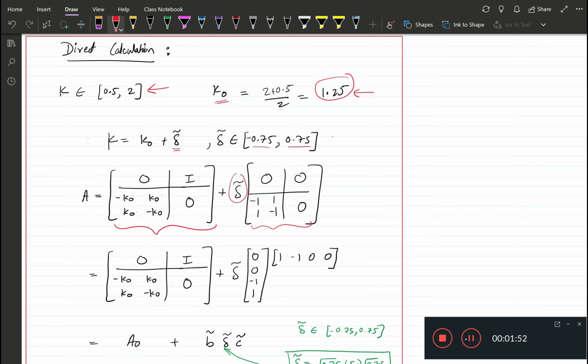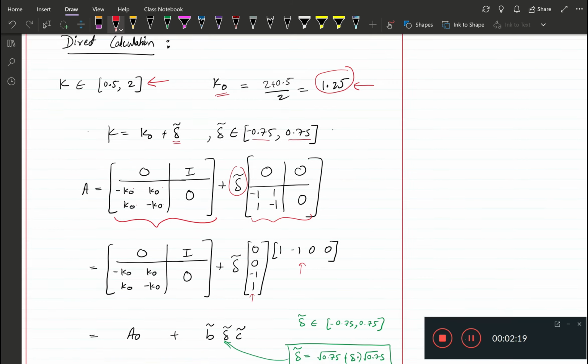Now we can clearly see that this matrix is rank 1 because we can write it as a product of a column vector and a row vector. You can see that this column multiplied by 1 is just the first column here, multiplied by the second entry minus 1 is the second column here, and then we have all zeros.